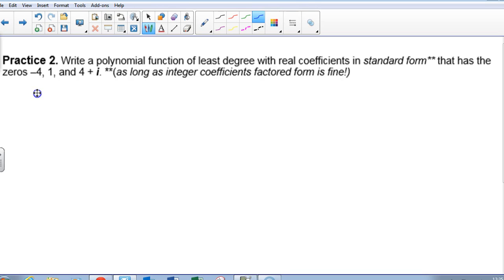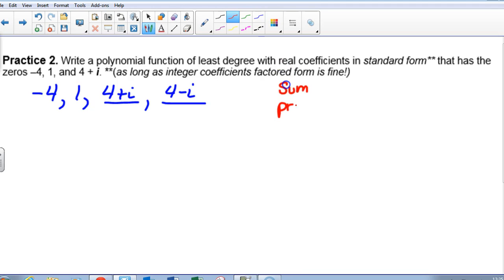What are the zeros they give us? Be careful. The commas mean they're separate zeros. 4 plus i, which means this and this have to be zeros, right? Got to be conjugate pairs. Okay. So before we do anything else, how about we do the sum and product business? Will that help us?